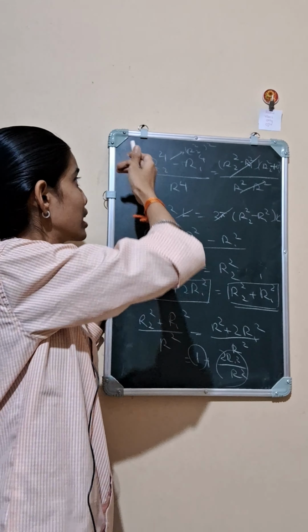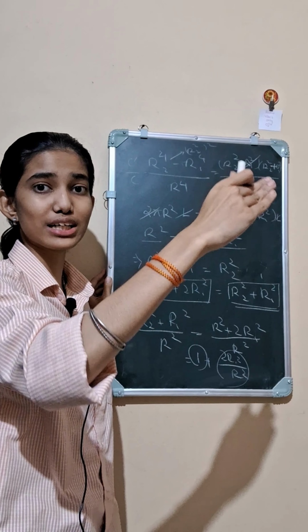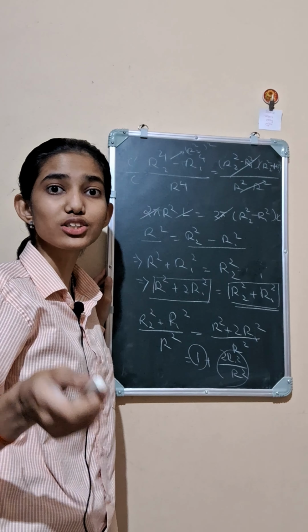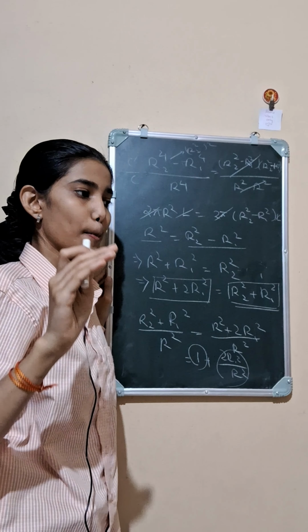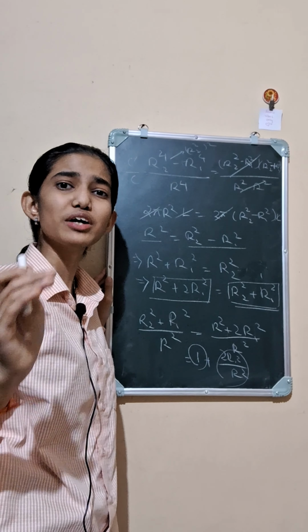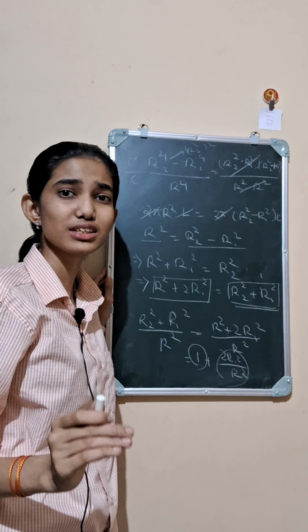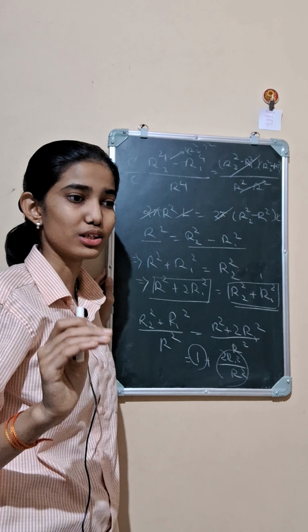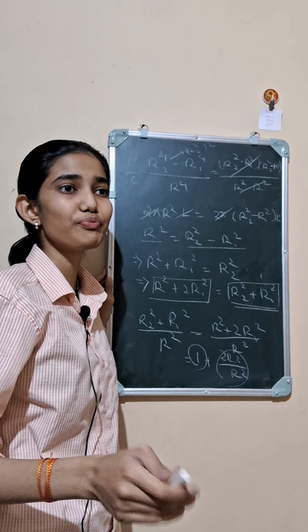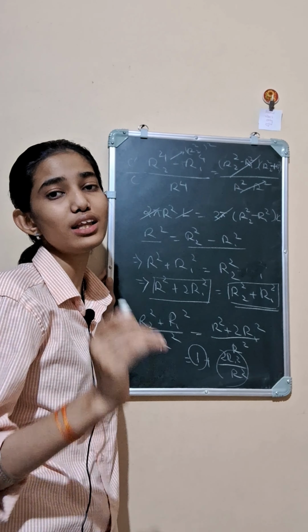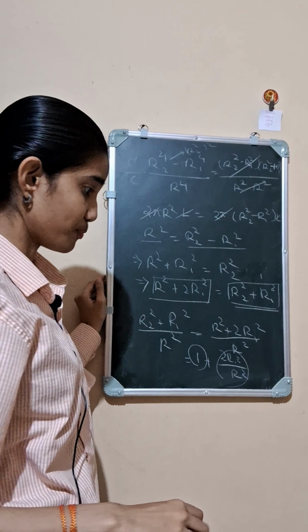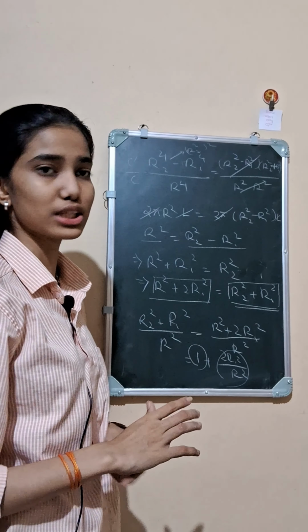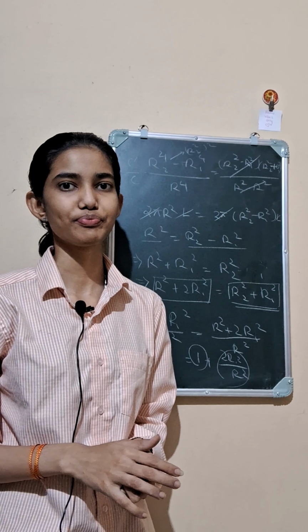Taking C to the right hand side, C dash is greater than C. So the torsional rigidity of a hollow cylinder made of the same material and having the same mass will be greater than that of the solid cylinder. We will talk about some topics on this in the next lecture. Thank you.